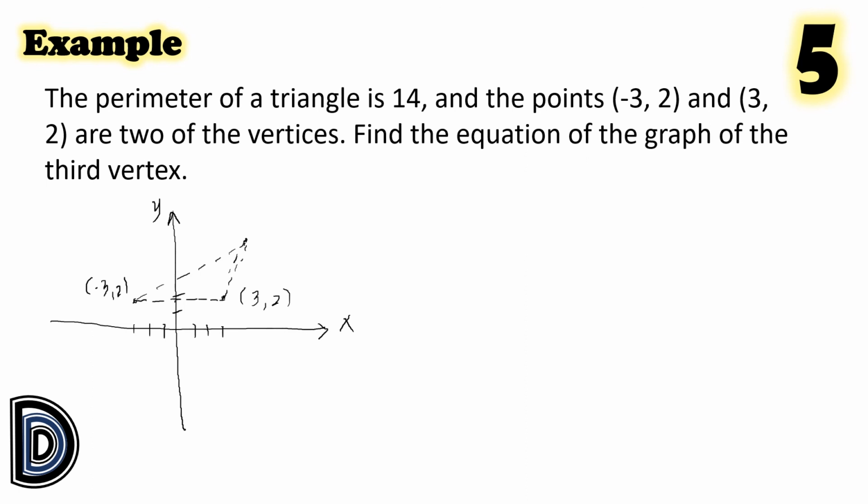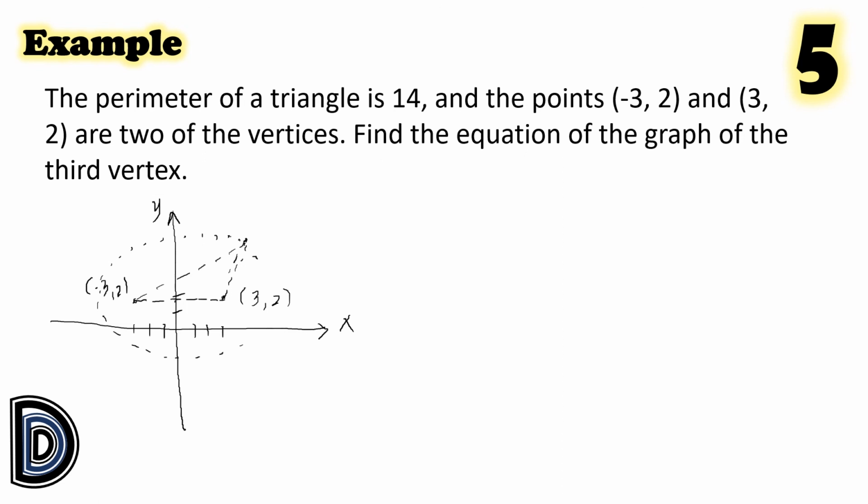We're looking for the equation of the graph of the third vertex. That means the third vertex may be located at different points on the rectangular coordinate system, and if we trace those locations of the third vertex, the trace would form an ellipse.